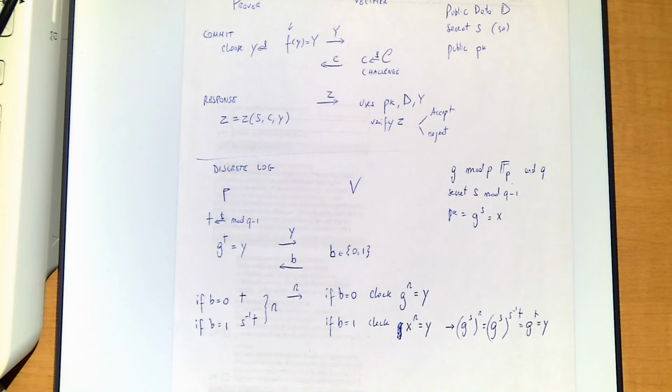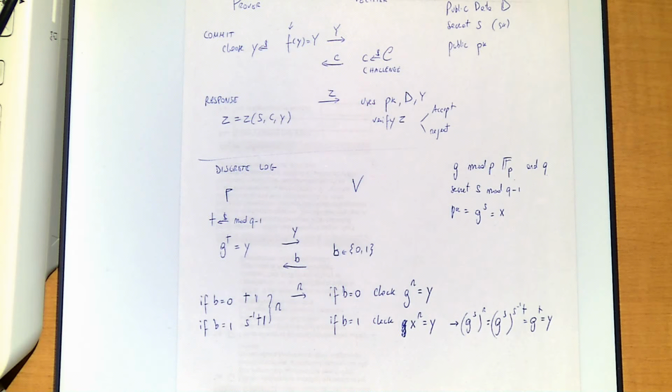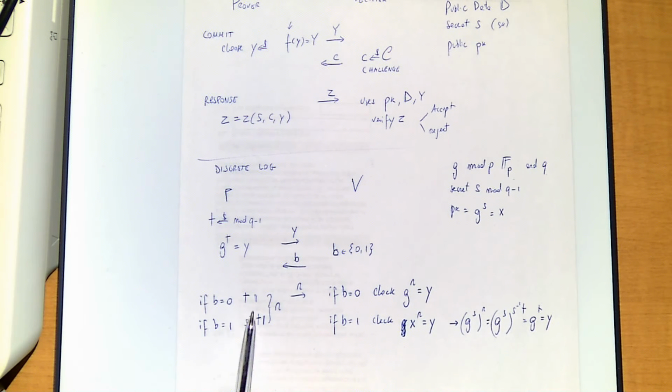But what you cannot do is know both. Because if you know both, it means that you actually know how to create these two exponents, which means that you actually have to know S. If you're able to provide two responses such that G to the R1 is equal to X to the R2, because they both have to be equal to the commitment, then obviously this is the same as G to the S R2.